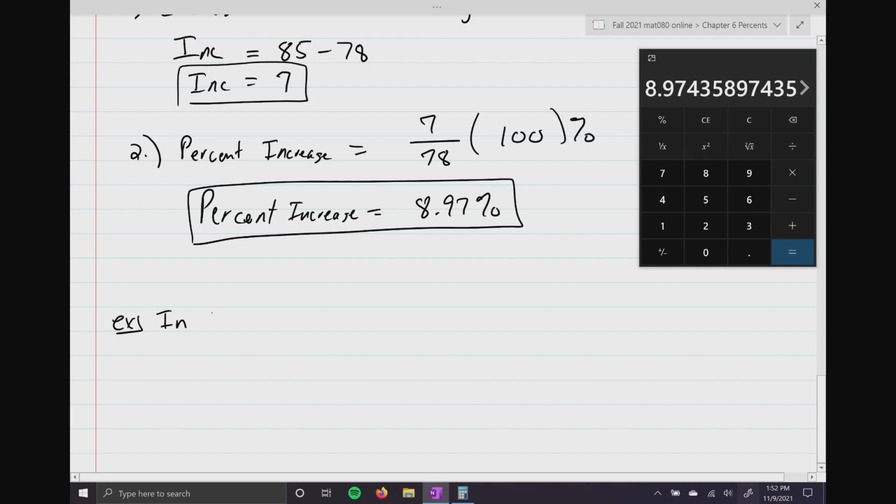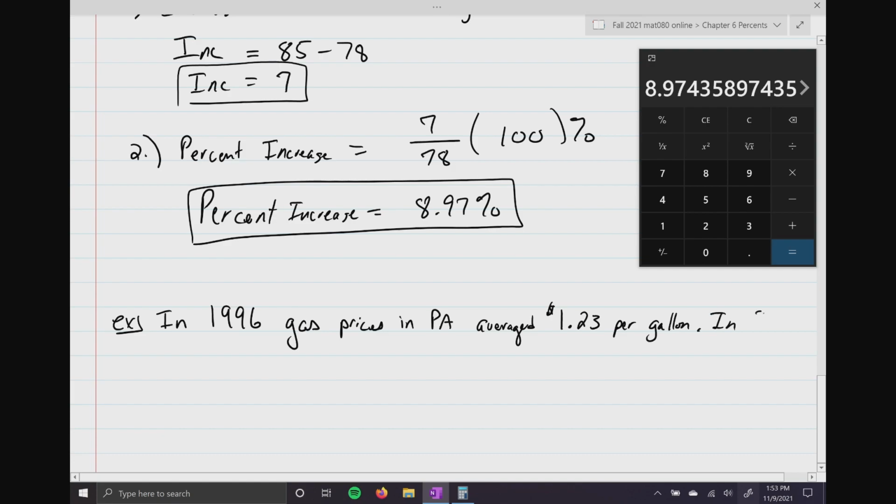So in 1996, gas prices in Pennsylvania averaged $1.23 per gallon.